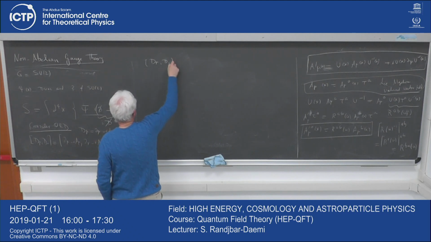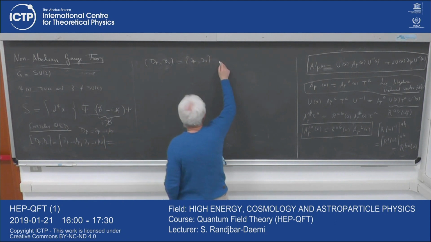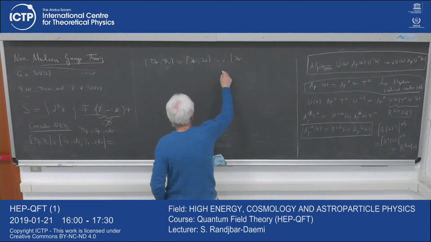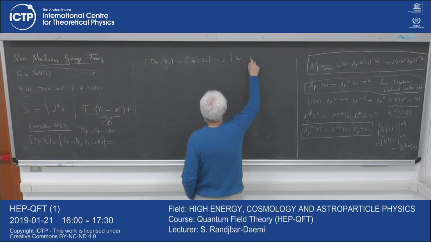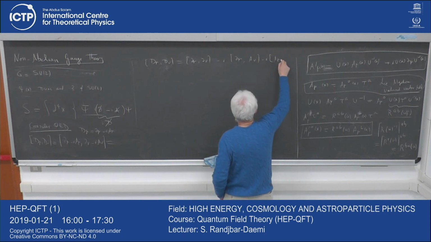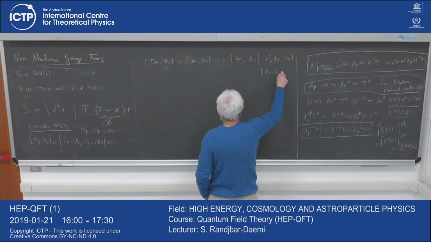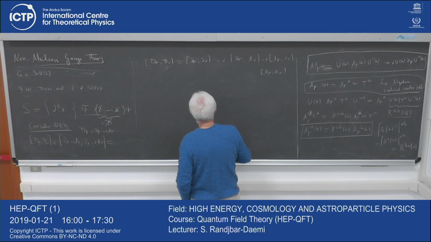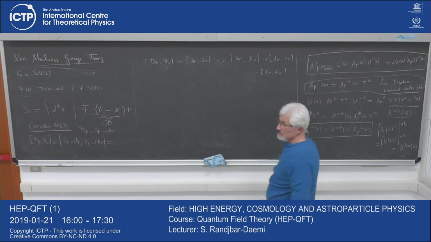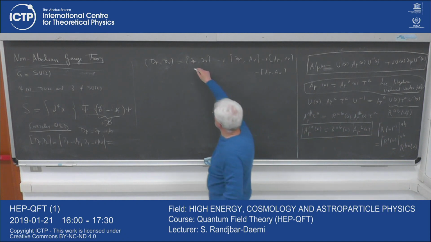So [d_mu, d_nu] is 0. Then minus i [d_mu, A_nu], and minus i [A_mu, d_nu], and [A_mu, A_nu] comes with minus i squared, so that becomes a minus sign in front. Okay? This term is 0.